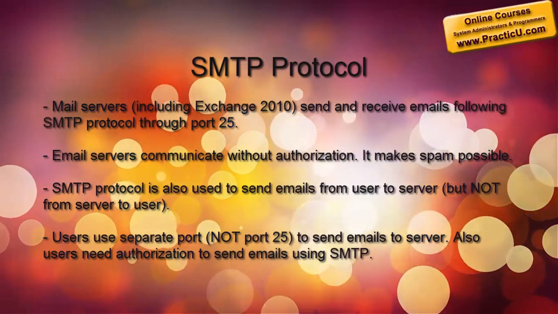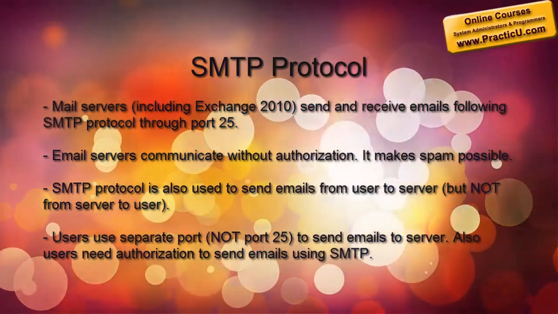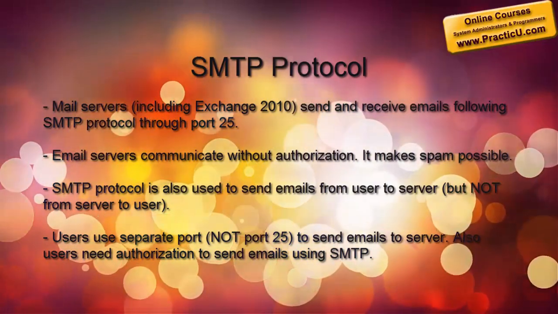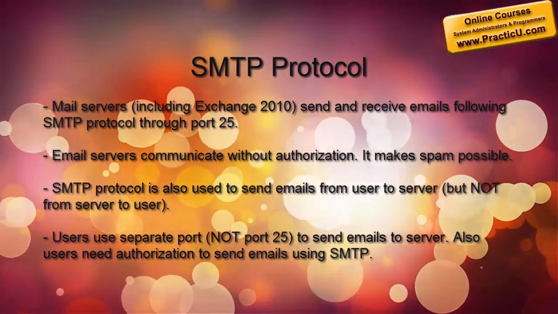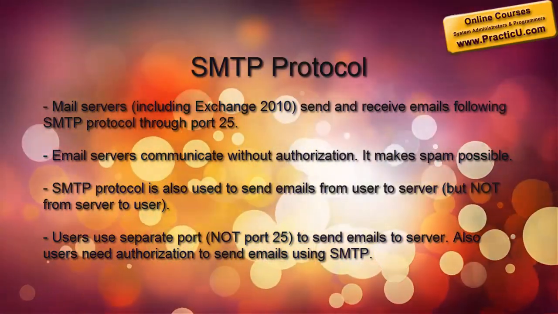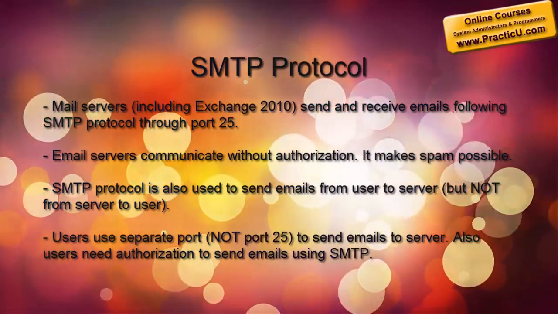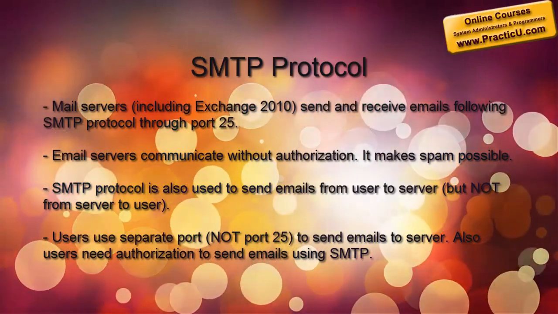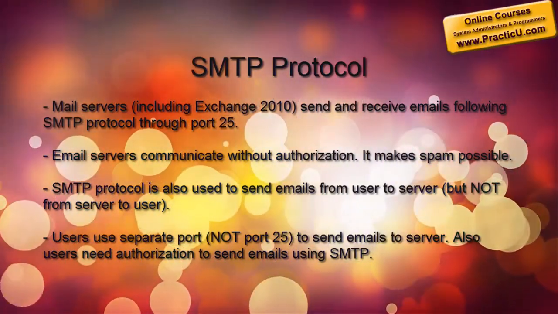So, every organization manages its logins and passwords by itself, and it doesn't look possible to open accounts of each organization on each email server. This is the reason why we have so much spam. It is still possible to control spam, and we will learn how to do it in a separate video.